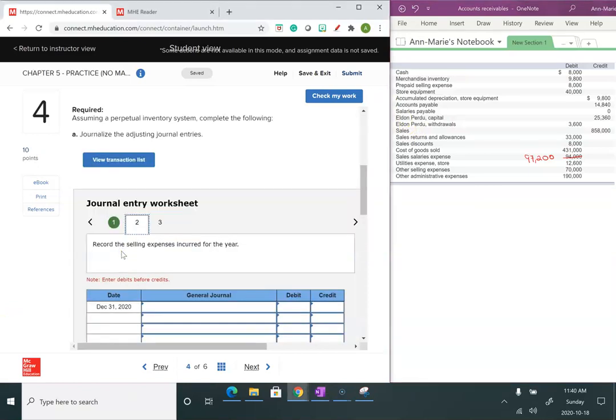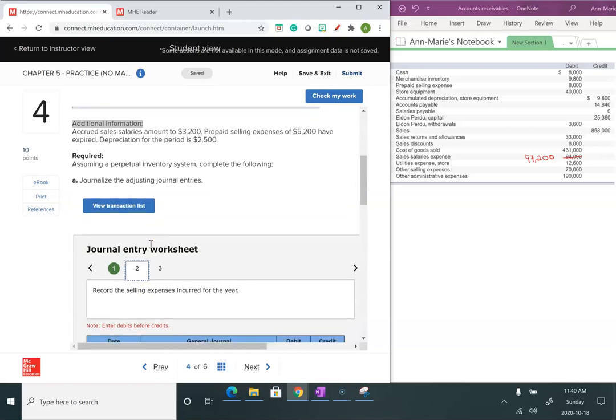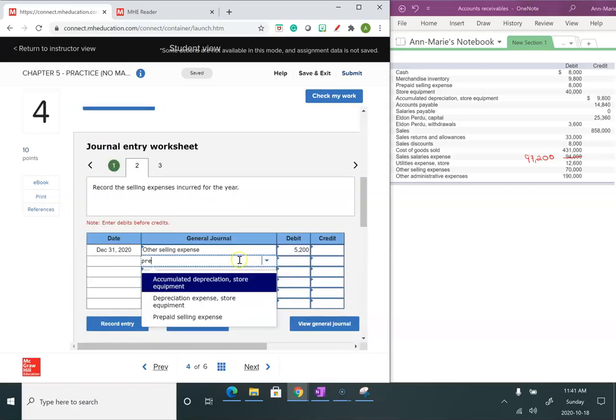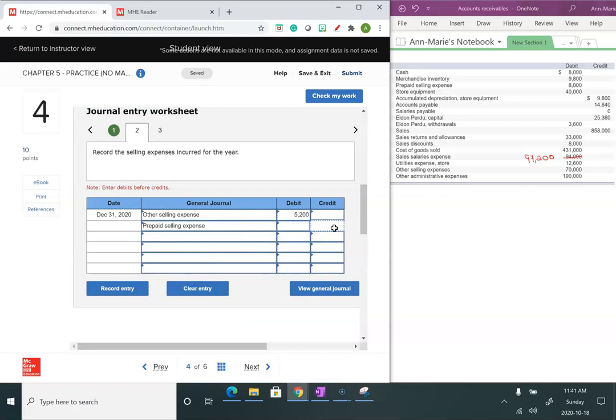Now my next journal entry is record the selling expenses incurred for the year. So I have prepaid selling expenses of $5,200. So I'll say other selling expenses, $5,200, and then decrease my prepaid selling expenses for $5,200.